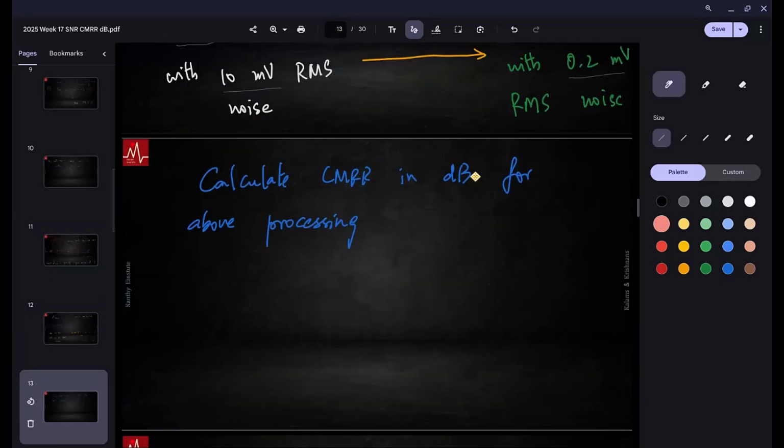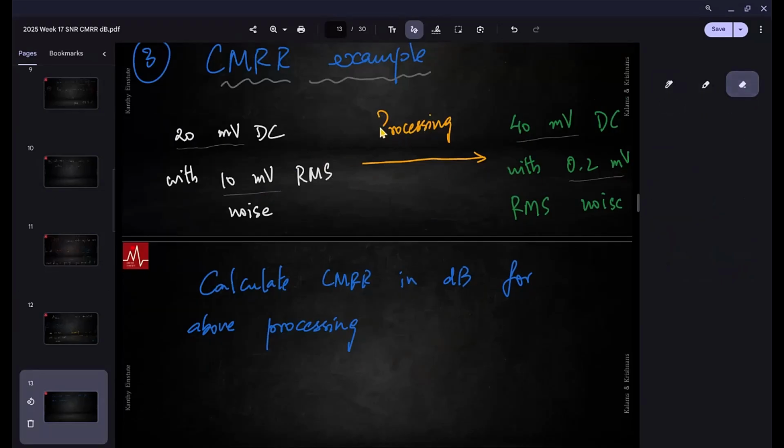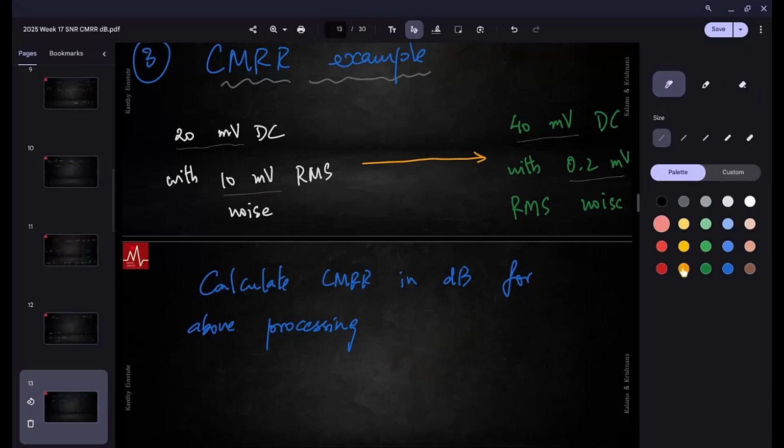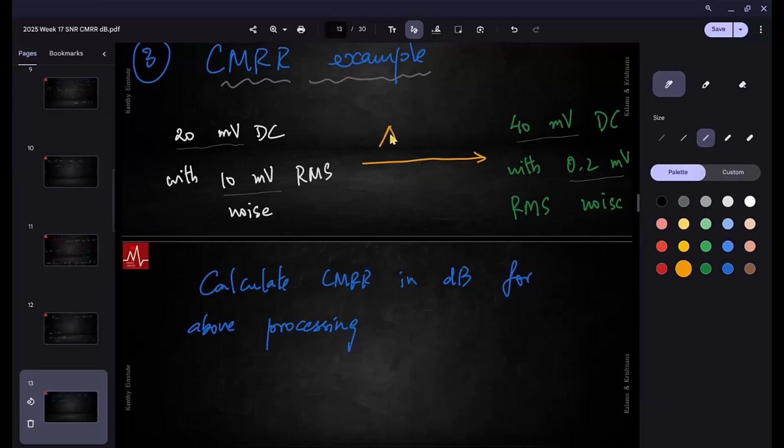Let me also write down. You are given the signal input that becomes this. So let me also write this explicitly. After processing, it became that.